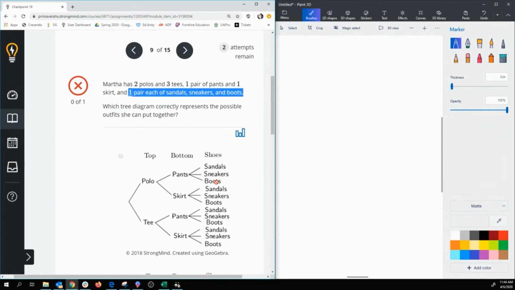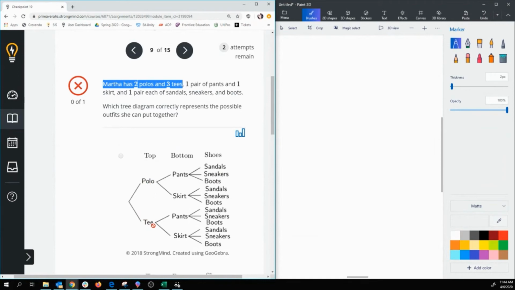However, if you read the very first sentence, it says that she has 2 polos and 3 t-shirts, right? But if you look at the first column of our tree diagram, she only has this polo and this tee, right?